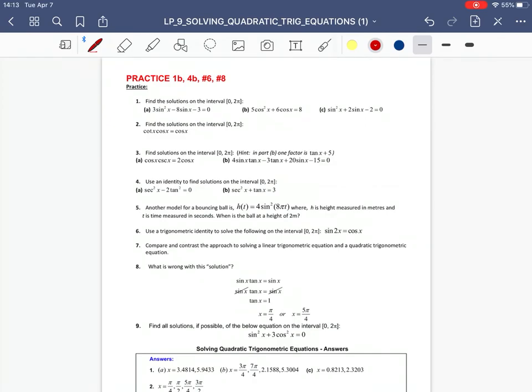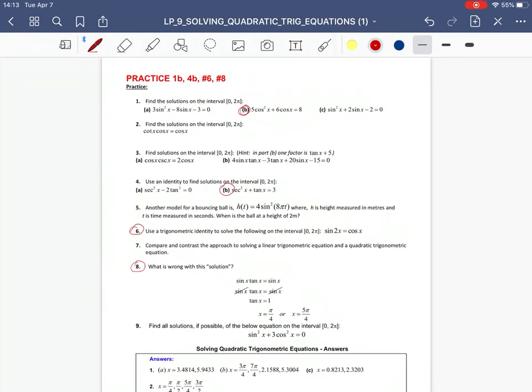Okay, so you have a few questions in here that you can practice. So right after we finish the lesson, or you finish listening to this lesson, I would like you to please practice question number 1B. So that's number 1B. Question number 4B. So here goes number 4B. Question number 6. Okay, and then question number 8.